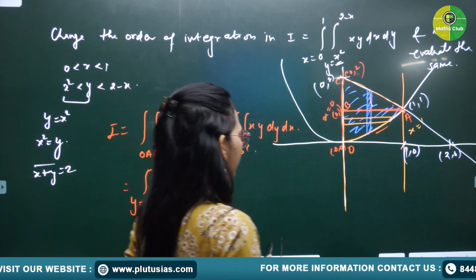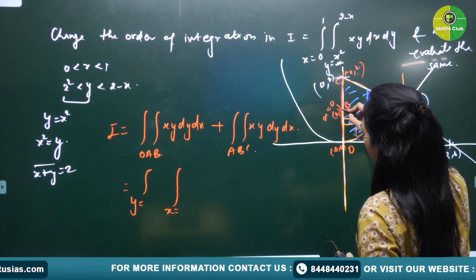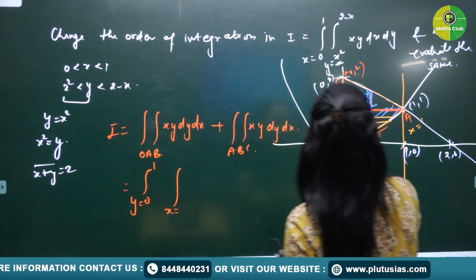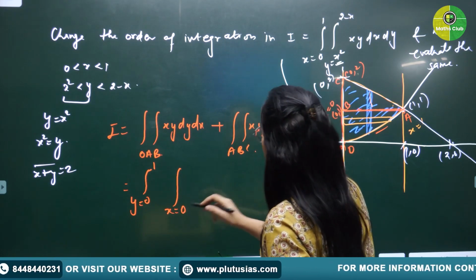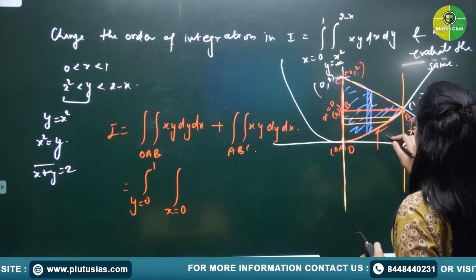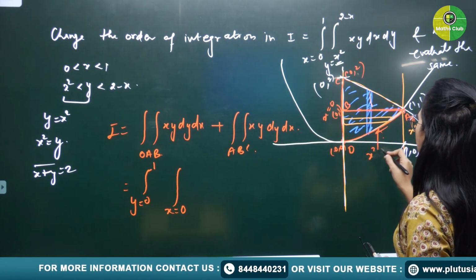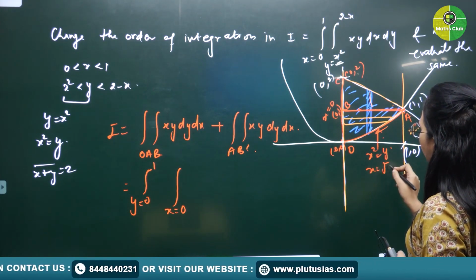So the limits of y in this region OAB are from 0 to 1. y runs from 0 to 1, and then you need to find the limits of x. On this line x is always 0, and on this line x is restricted by, this is which curve? x square is equal to y, but we need the limit of x now, so it would be x is equal to root y.